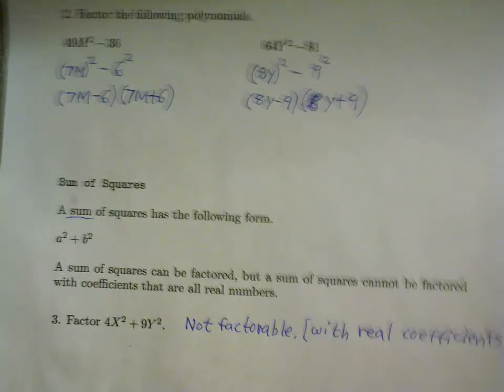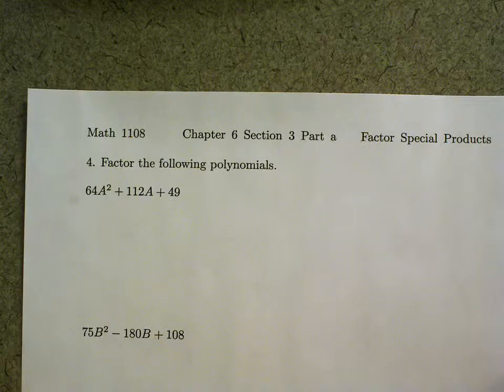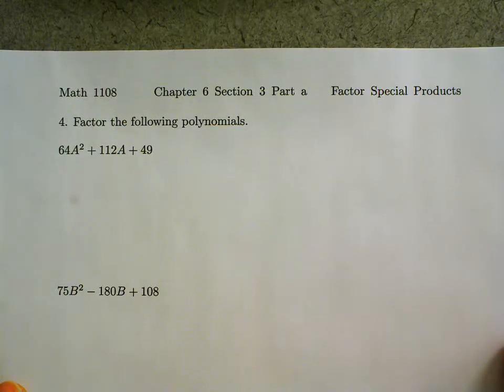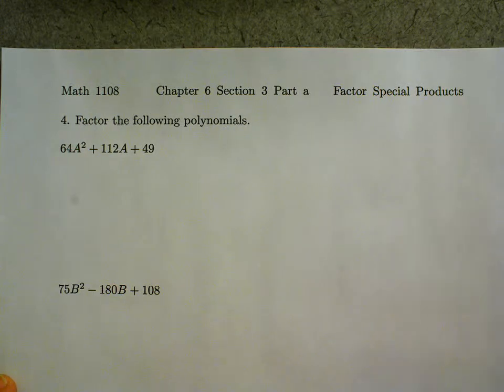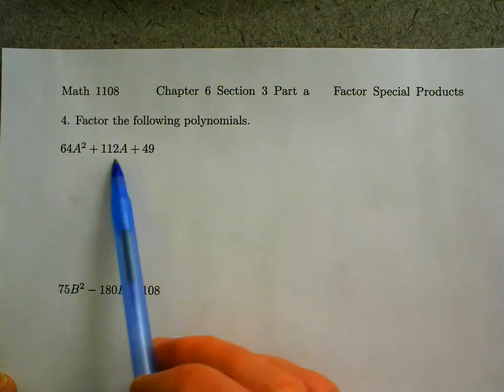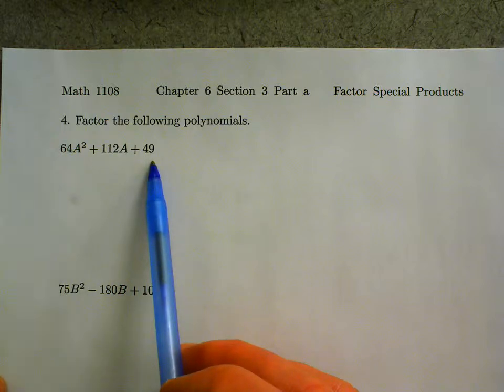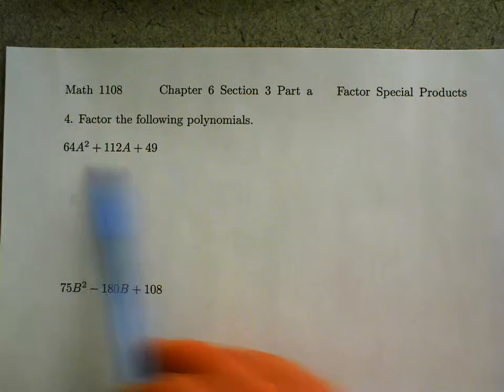Okay, let's look at some more examples. Factor the following polynomials. 64a to the second plus 112a plus 49. The greatest common factor of all three terms is 1.